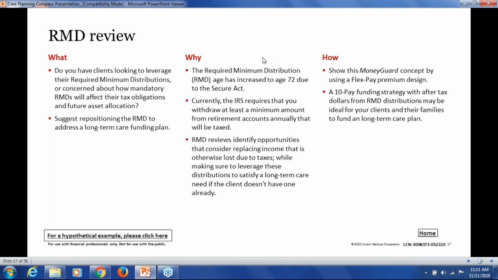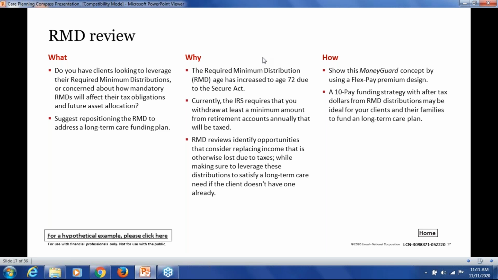Now, closely related to that, and you're going to find a lot of these ideas relate very closely from one to another, we just get into a few more specifics. When you're reviewing annuities or even their qualified funds, look at their RMDs if they're already taking them, or look at what those RMDs will be when they get to that age where they're going to be required to take them.